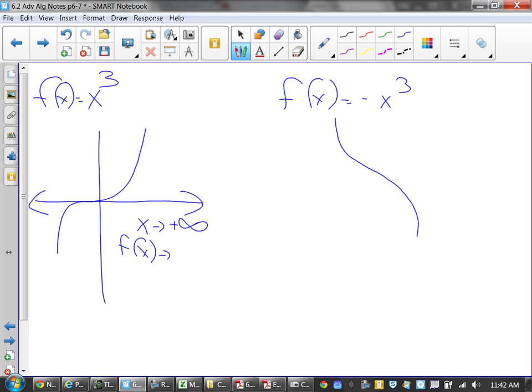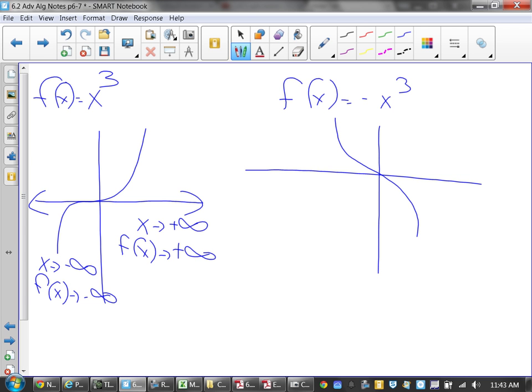Positive. And as x is approaching negative infinity, f of x is approaching what? Negative. It's all visual. Same thing here.